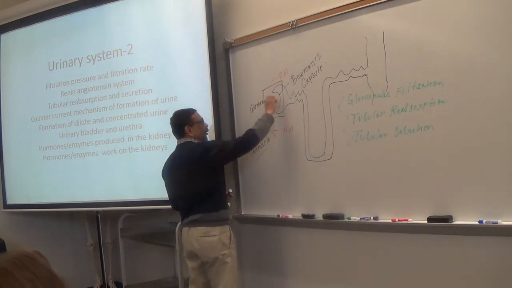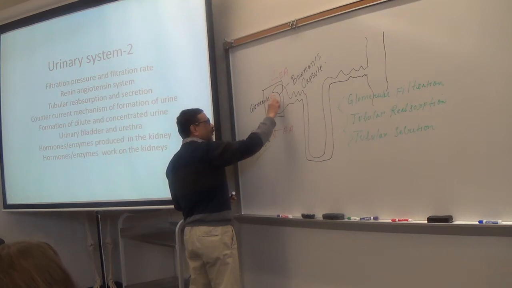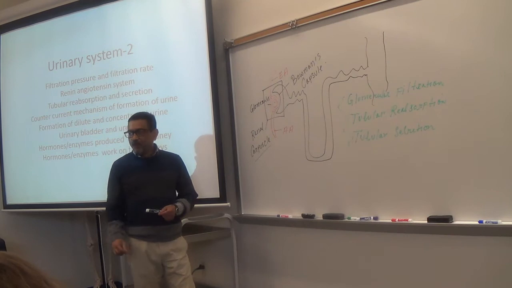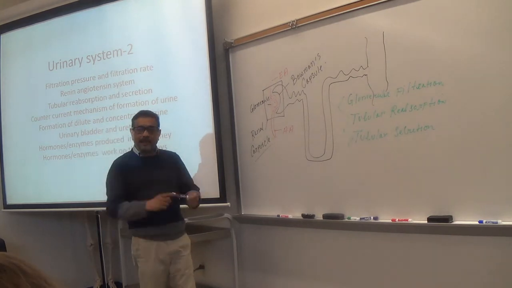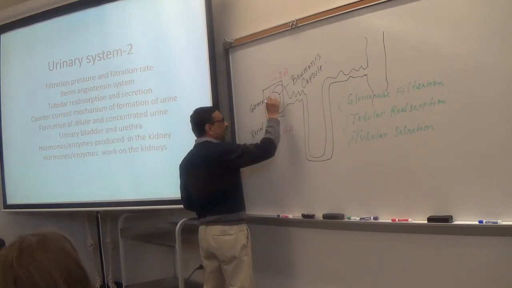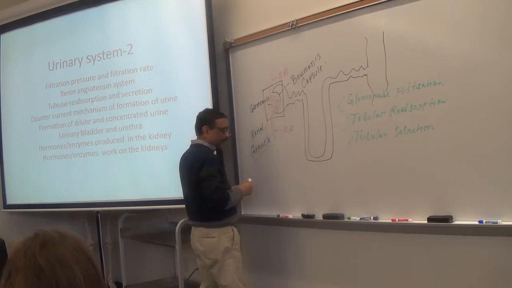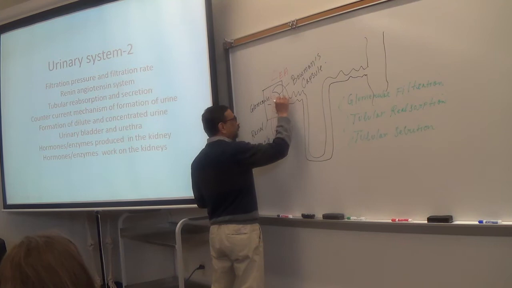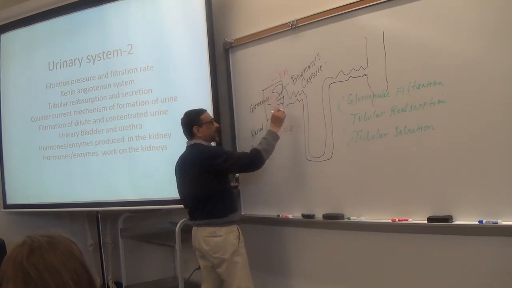Now, you remember I said that this capillary is fenestrated capillary, right? So the fluid can easily get out and enter into the nephron. And that process is called filtration.